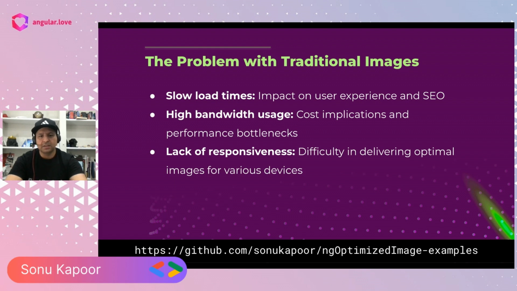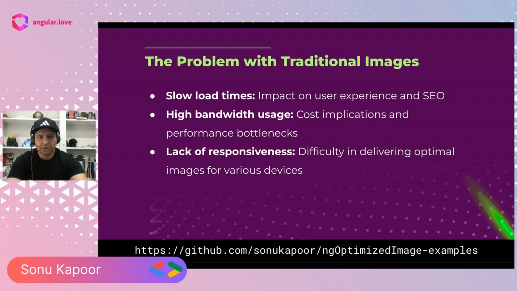High bandwidth is another concern, especially for users that have limited data plans or are in regions with slower internet speeds. Your best image that you're showing on your website might be good for high-speed users, but when you have limited data, it might take a long time to load. So the directive can definitely help with that.